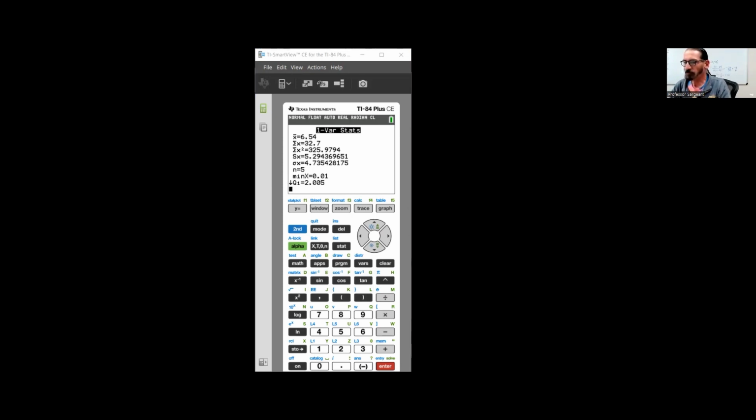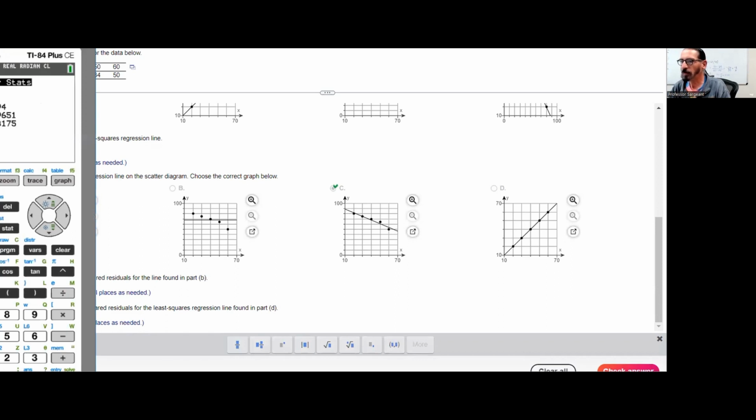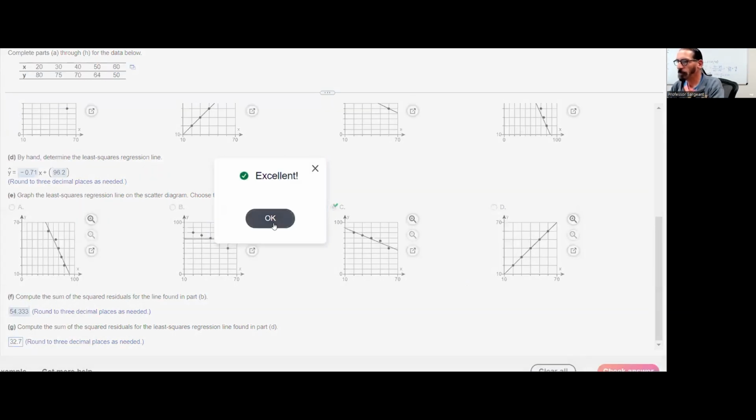If I've done my work right, that is less than 54.3 repeating. Let me double check what I had there. That was 32.7. One more double check before I hit enter. Yep. Okay, there's that.